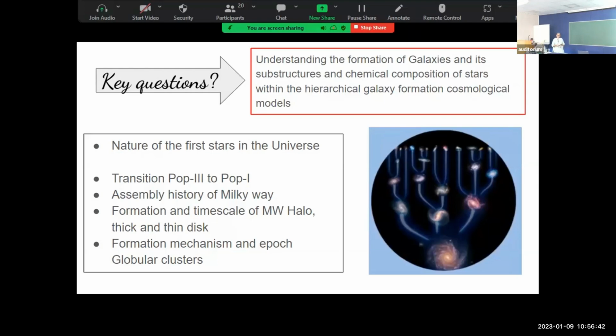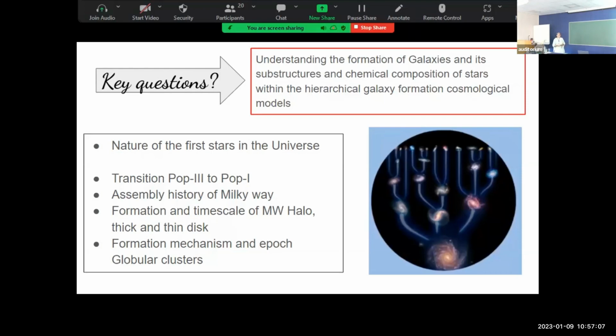But how did this transition happen? Did it change abruptly once the metal pollution started with the first supernovae, or is there a gradual progression mediated by, for example, reionization or the temperature of the universe? We don't know. These are some things which people are interested in.